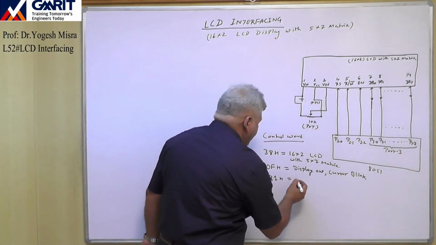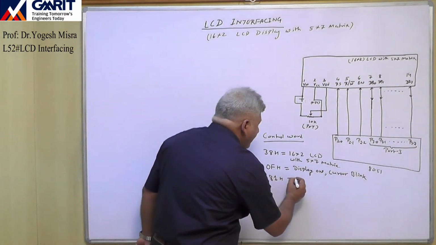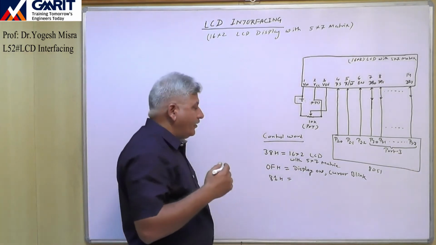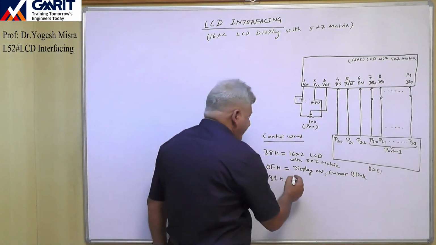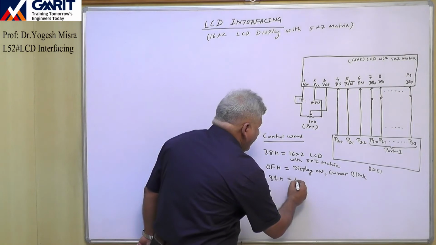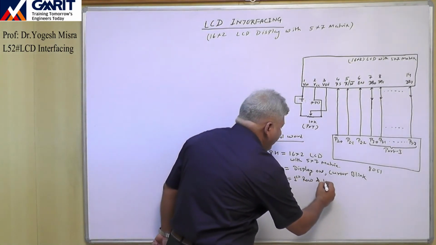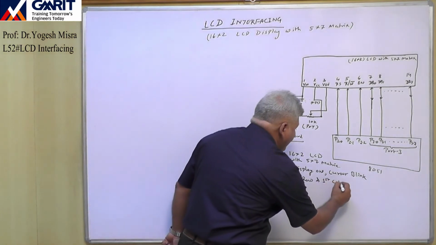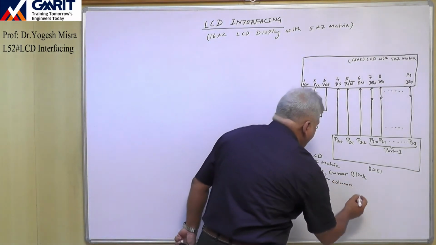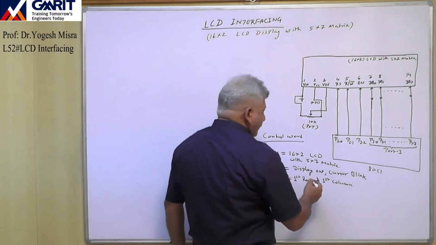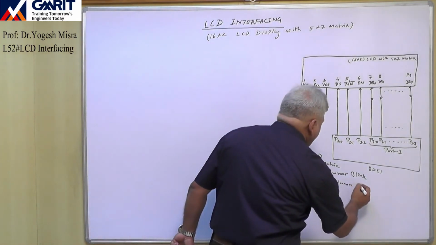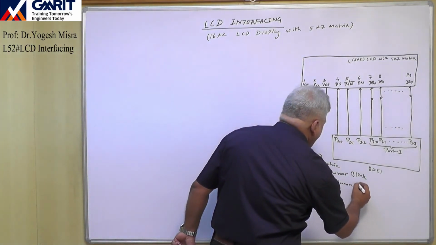It is used for displaying our characters from the first row and first column. First row and first column display start.